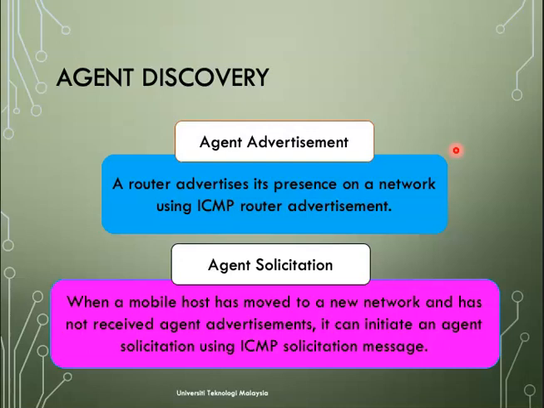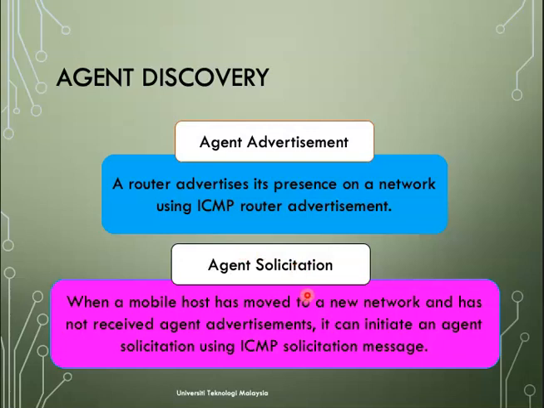In other words, if the router also acts as an agent, it can piggyback the agent advertisement onto the packet. Mobile IP does not use a new packet type for agent advertisement, so it uses the ICMP router advertisement.